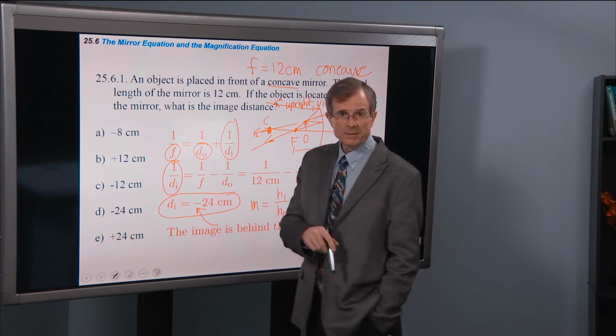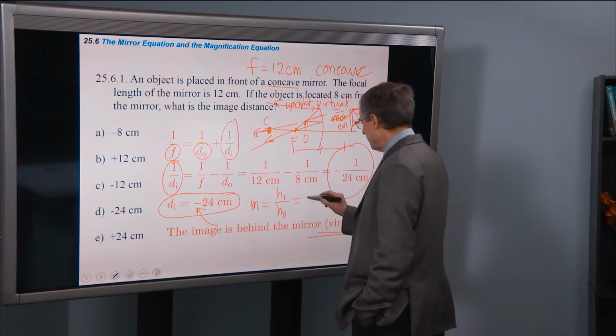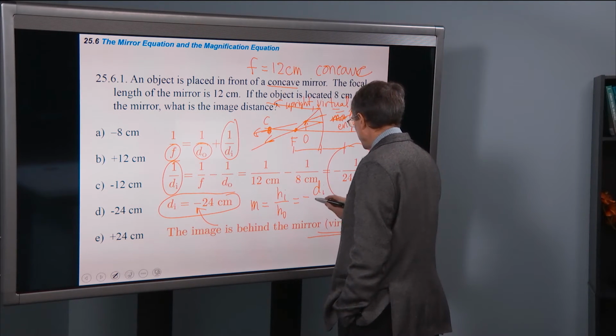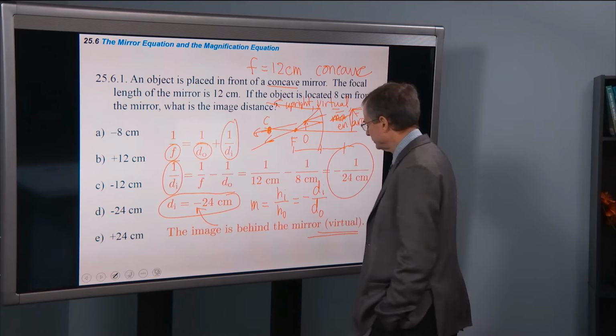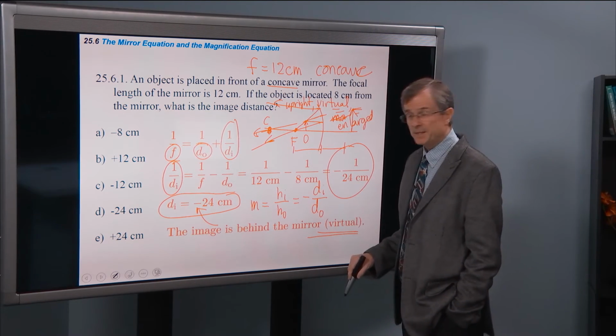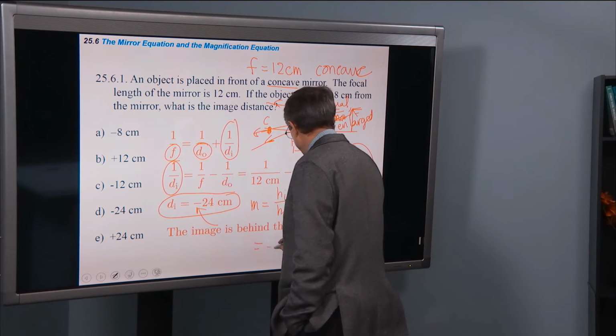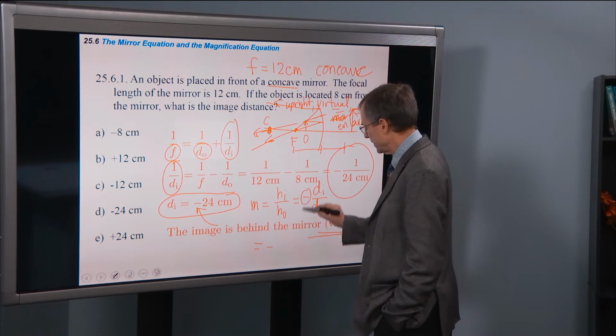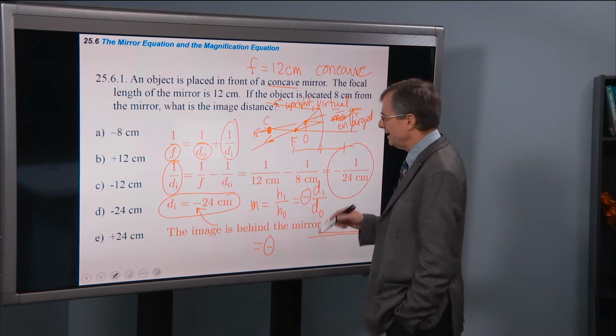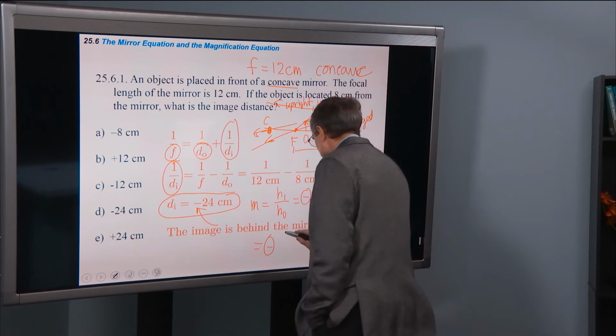And given the magnification equation, that's minus dI over dO. Well, we've got dI and we've got dO. Let's plug the numbers in. There's a minus sign. That's this minus sign. dI is minus 24 centimeters.